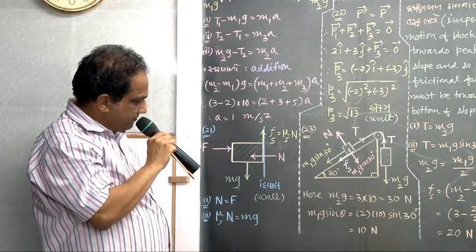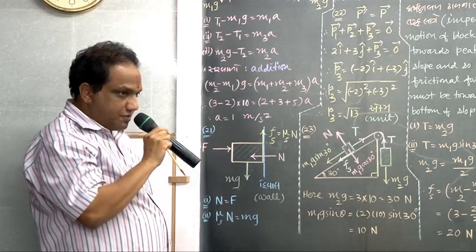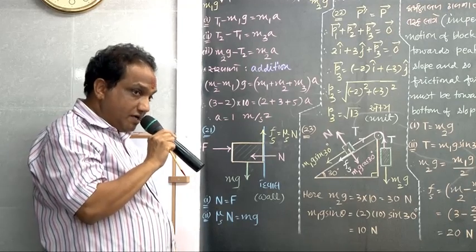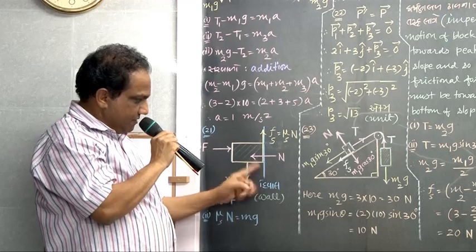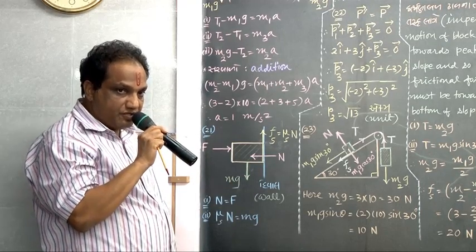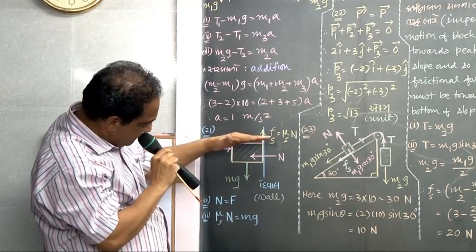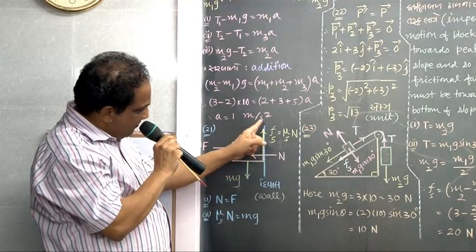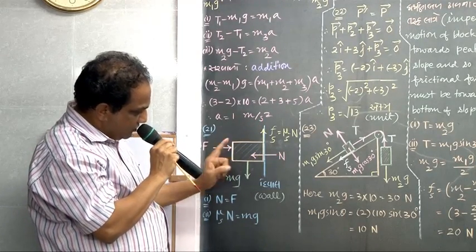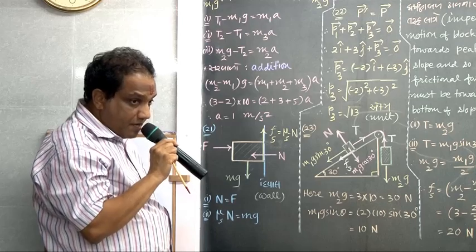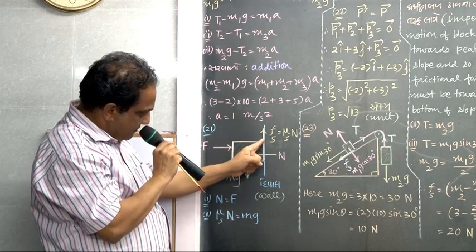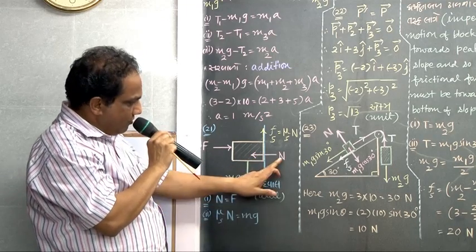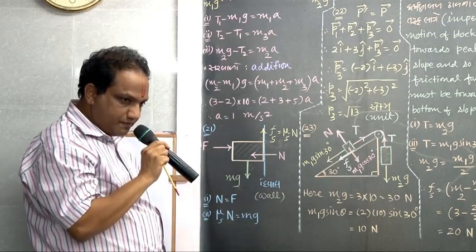Look, when you apply force, that force will be ultimately exerted by the block on the wall in the form of force of action. So now this wall will provide an equal but opposite force of reaction. But any force of reaction which is exerted perpendicular to contact surface is called normal force. Okay?